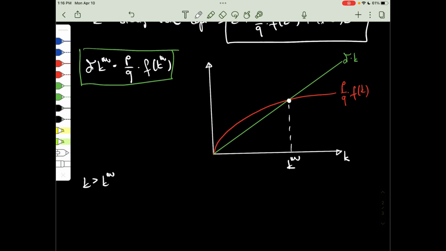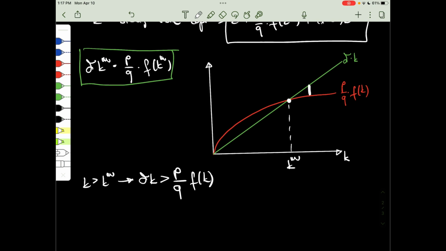This is useful because in cases where capital stock is higher than the steady state capital stock, then capital depreciation is higher than output. So we are here, for instance. So capital depreciation is higher than current output, and capital stock must decline.